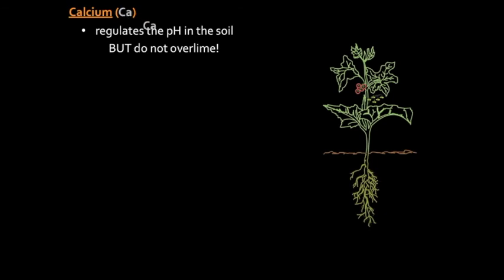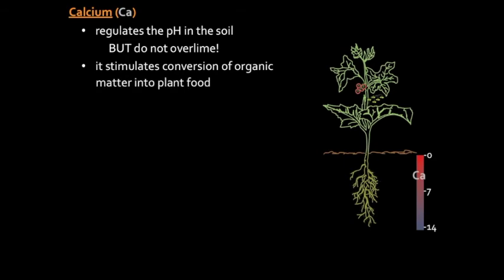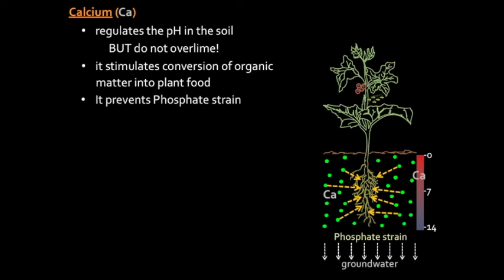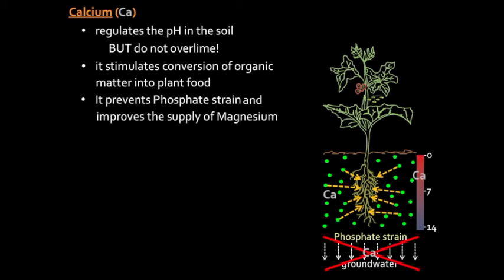Calcium regulates the pH in the soil. It stimulates conversion of organic matter into plant food. It prevents phosphate strain. And improves the supply of magnesium.